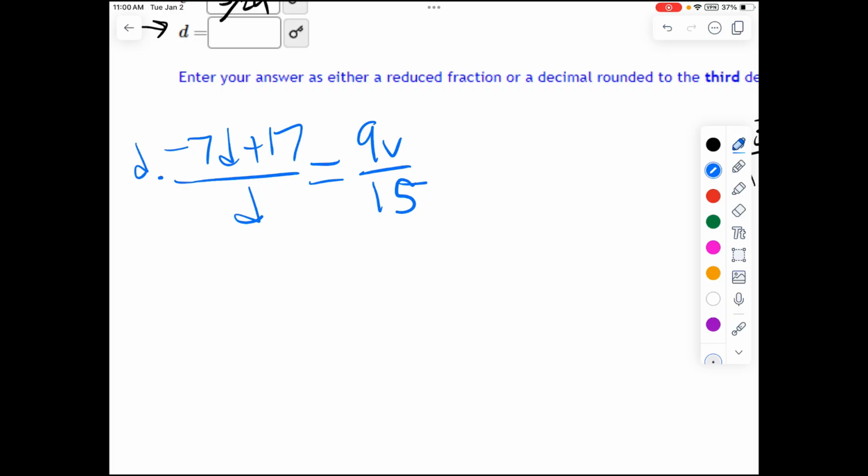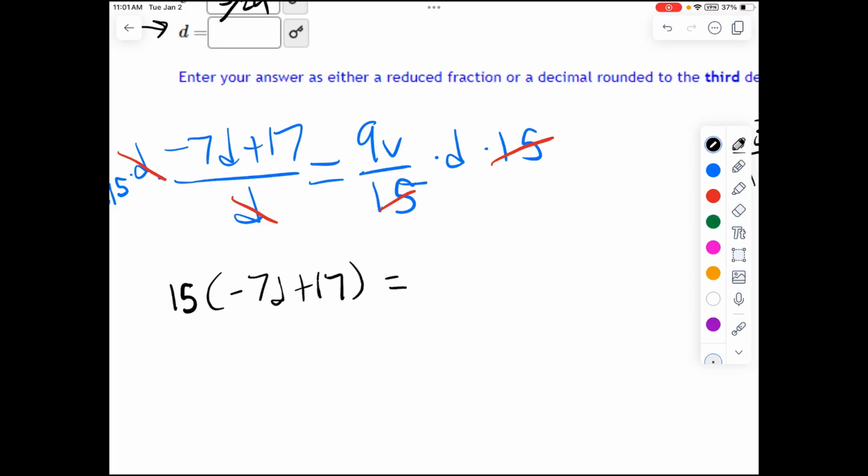I want to undo the fractions, so I'm going to multiply by d on both sides, and I'm also going to multiply by 15 to undo those fractions. So then we're going to be left with 15 times the negative 7d plus 17 equals 9v d. And then just solve for your d.